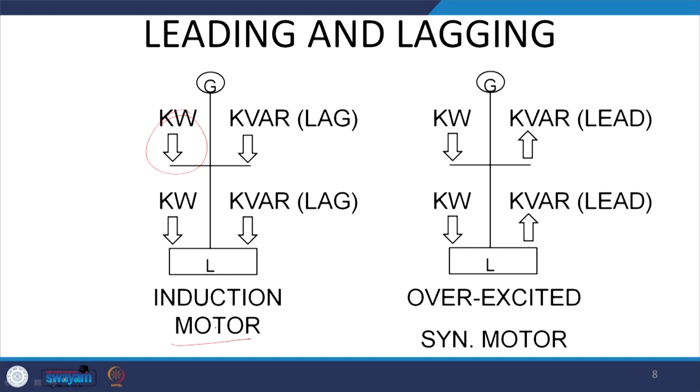But instead of that, you can have an over-excited synchronous generator, kilowatt and kVA coming in the leading direction. The problem is that you operate it by mechanical power, real power is wasted by this synchronous generator so that it generates capacitive VAR. Instead of that, why can't we have a static device to generate the capacitive VAR?